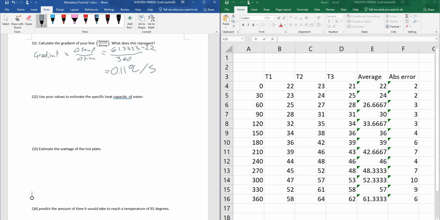Once again, I made up this data, so we are not going to get 4,200 as an answer. But what formula would we use? Q equals mcΔT. Q equals mass times specific heat capacity times delta T. We're looking for C.